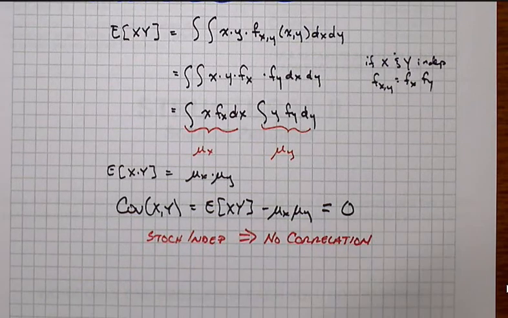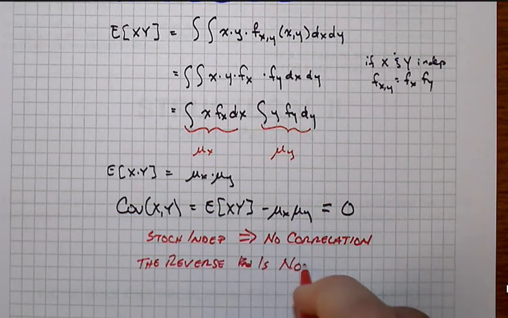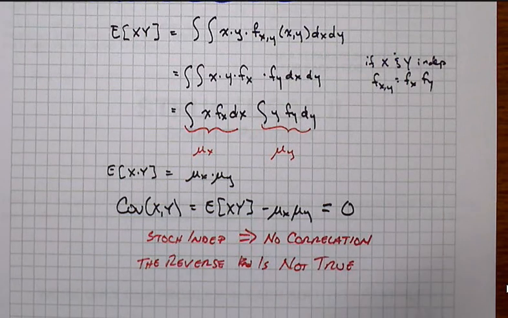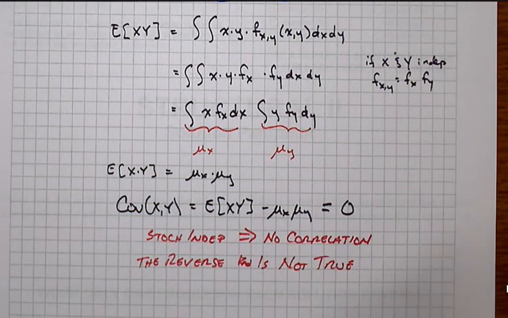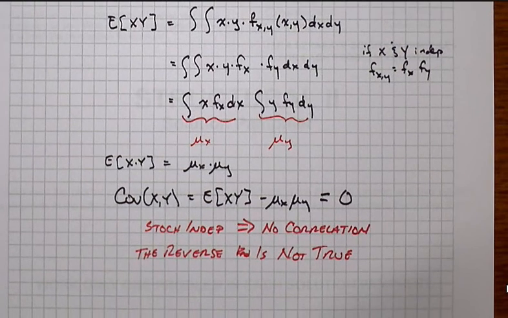However, the reverse is not true. No correlation, or zero correlation, zero covariance, does not mean stochastic independence. It means there's no linear relationship between the two random variables, but there may be a nonlinear one. And go back to that circle problem that we showed in the book before as a perfect example of that very case.